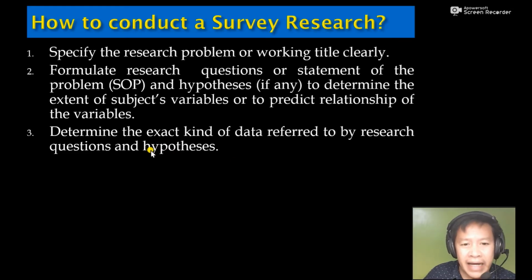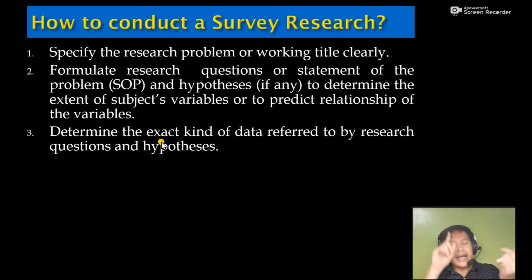Then, through the hypothesis that we have, we can also determine what particular statistical tool we are going to use. Take note, statistics already starts in this particular lesson, because when you say quantitative research, it is statistics plus language. Statistical tools will be determined using your specific statement of the problem.